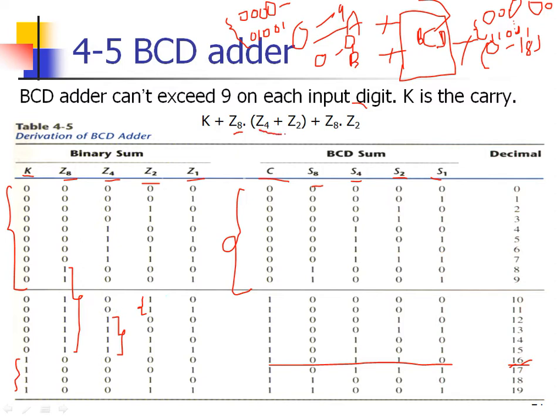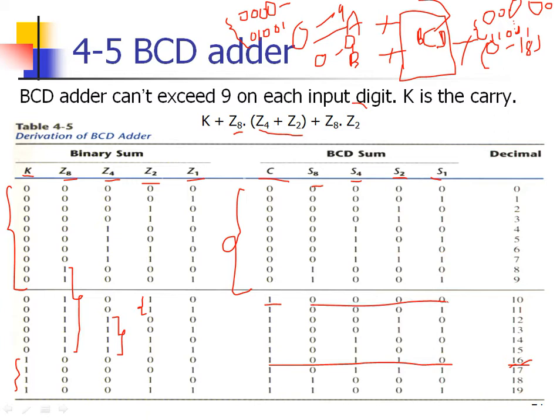That is what is written as Z4 or Z2. Hence, in those cases, we need to add 6. So for this case, the output will be generated with carry C and the remaining 4 bits will turn to 0.